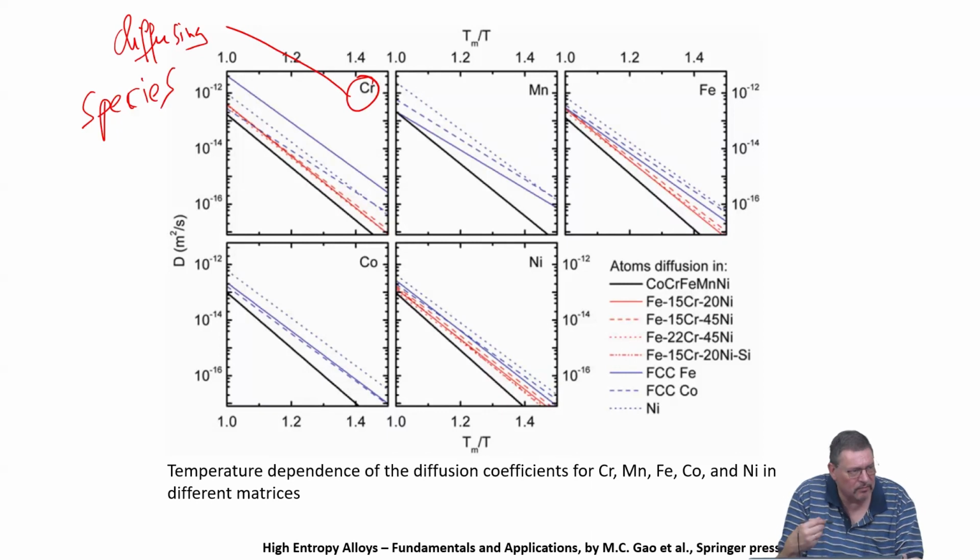The question asked is how fast chromium diffuses in nickel, in FCC cobalt, in FCC iron, and in these alloys, and then it is compared to the high entropy system. This is done for all 5 elements.